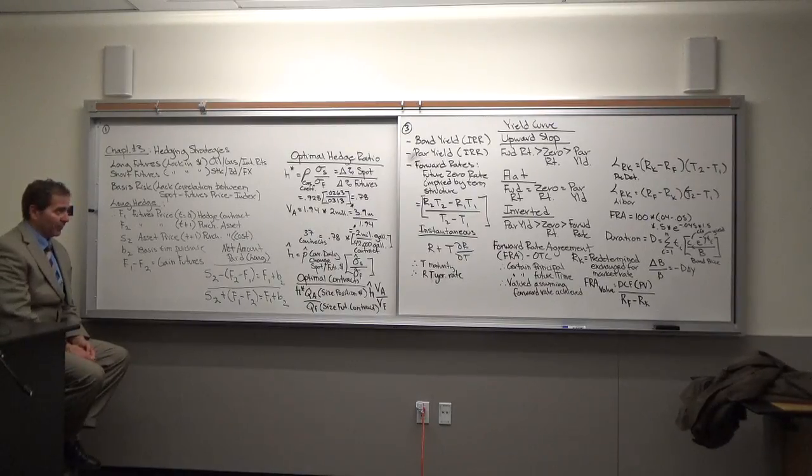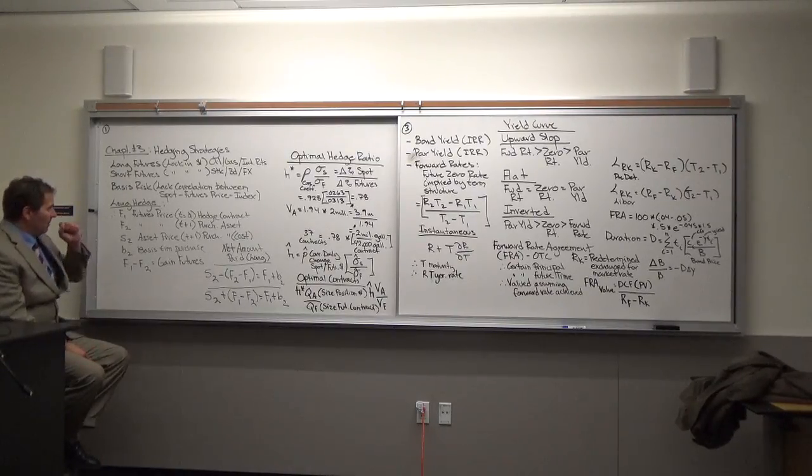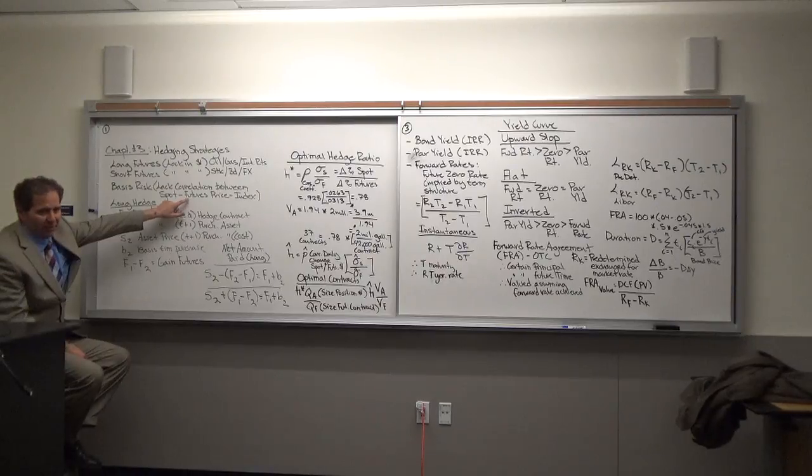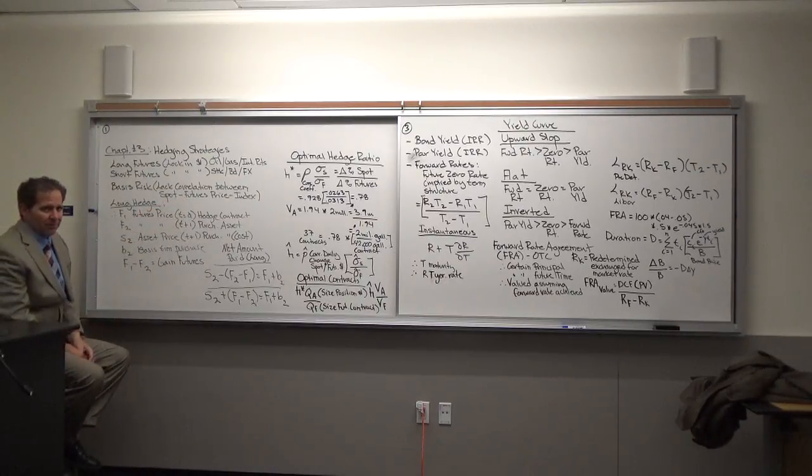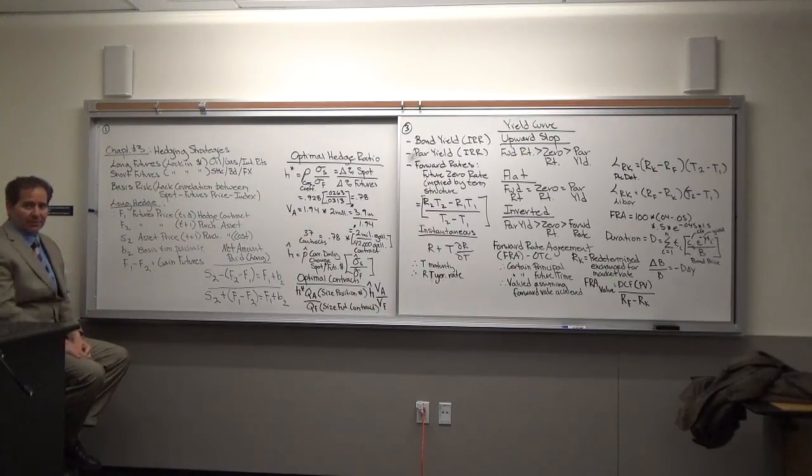You don't have to have perfect correlation. So the basis risk is the lack of correlation between the spot and the futures price or the index. There's going to be basis risk between the index and the futures contract, and the futures contract and the option contract.